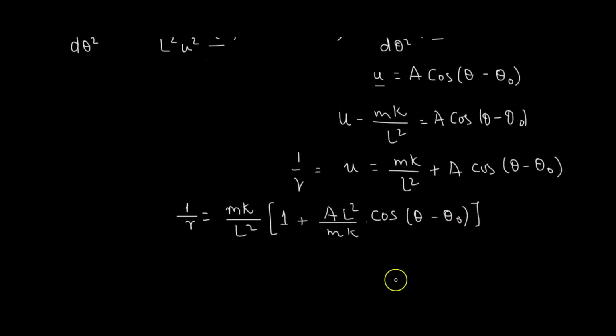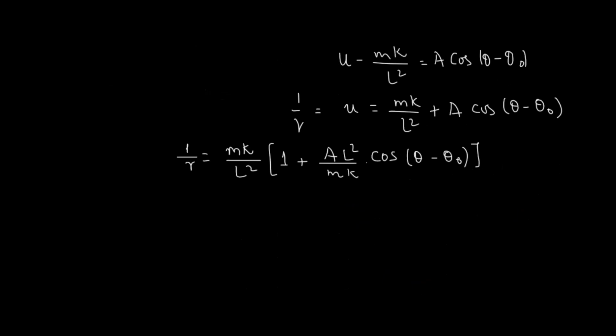Right. Then we are going to consider, let L squared over mk be equal to l, and A L squared over mk be equal to epsilon. We'll be defining this in a moment. This is known as eccentricity. We'll come to that.